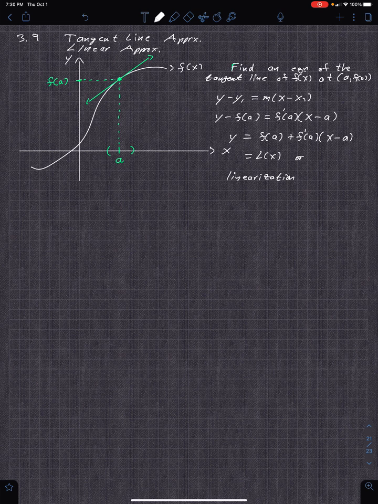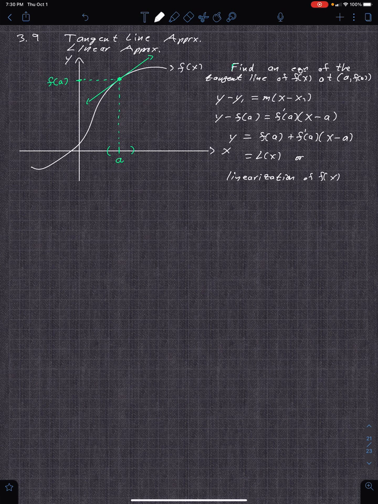The linearization of f of x. So around the point, close to it, you get an approximation of the curve. That's the idea.